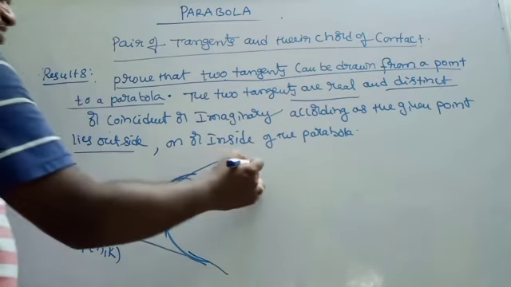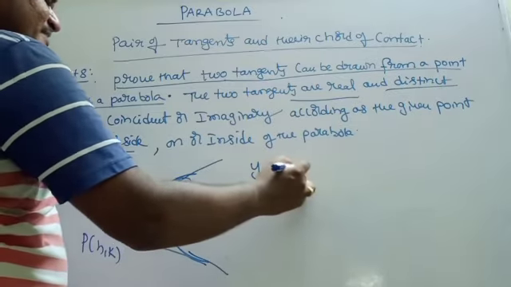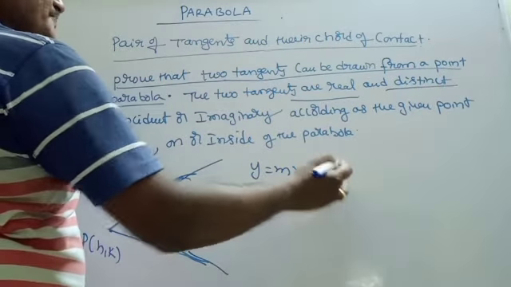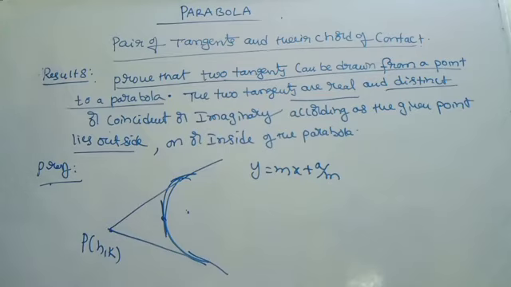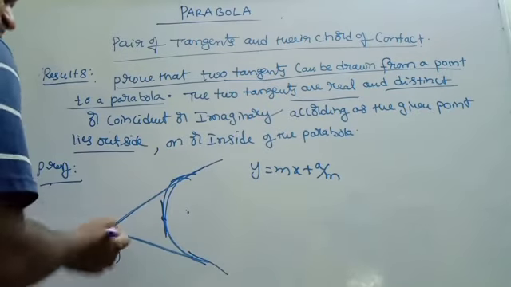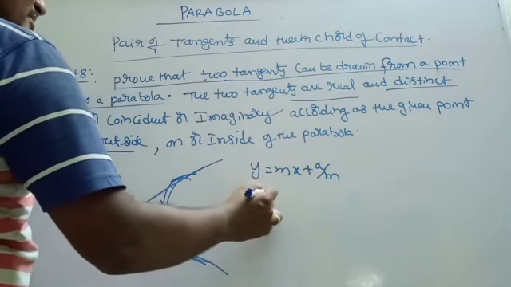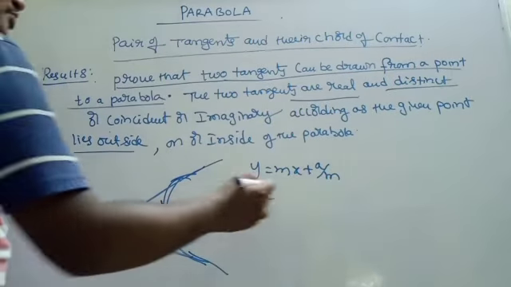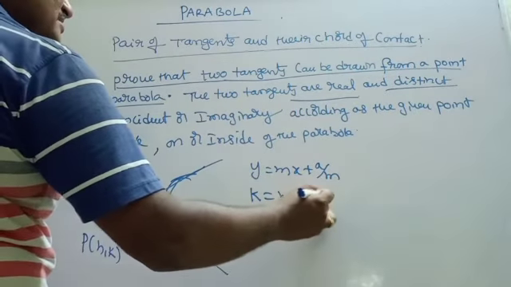And my dear students, y is equal to mx plus a by m is the equation of the tangent to the parabola in slope form. Now these tangents are passing through the point (h, k). Then we will have k is equal to m into (h plus a by m).